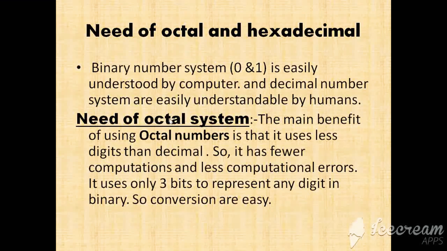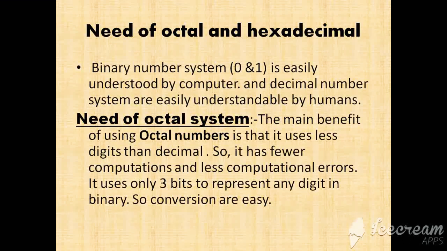The main benefit of octal number system is that it uses fewer digits than decimal. Of course there are 8 digits, right? So it has fewer computations and less computational error. If fewer digits are there, we have to work with fewer digits and the error possibility will be less.